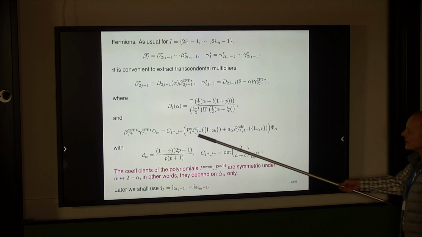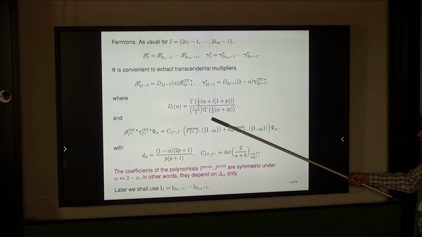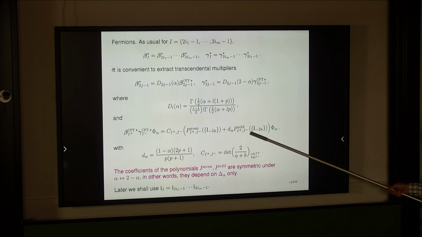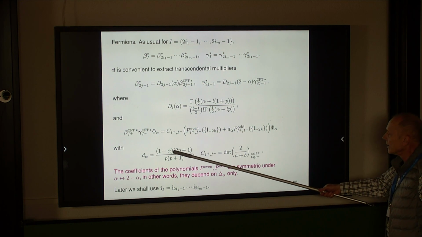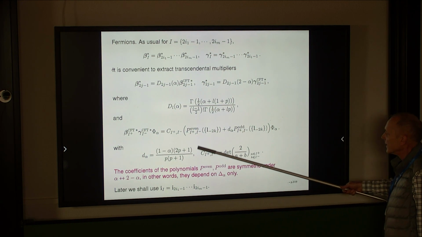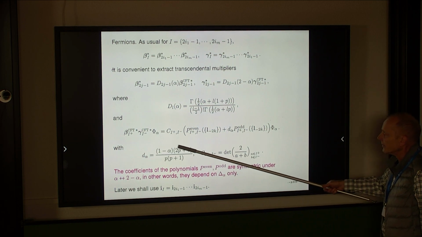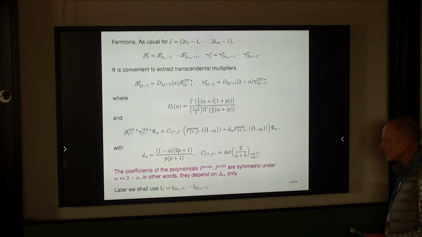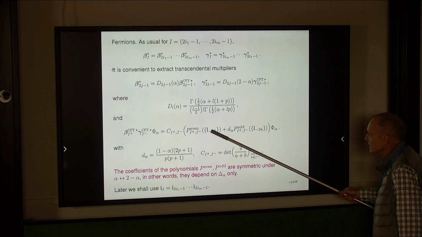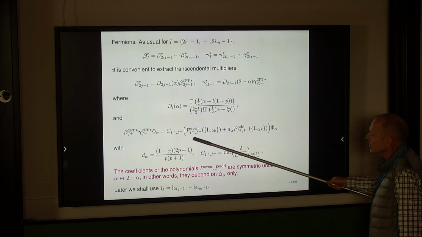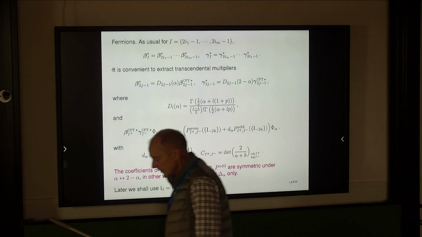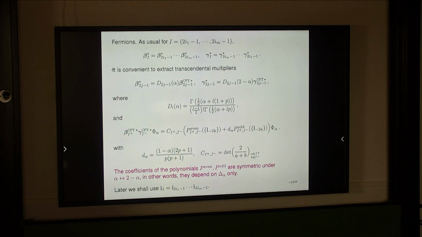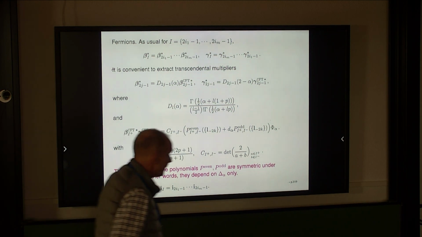So there is some polynomial in Virasoro generators which is called even, and there is one odd one. The point is that here there is some funny constant delta. Under alpha going to 2 minus alpha the sign changes, but on the other hand the coefficients of these polynomials are functions of delta, the scaling dimension, so they are automatically invariant under alpha to 2 minus alpha.